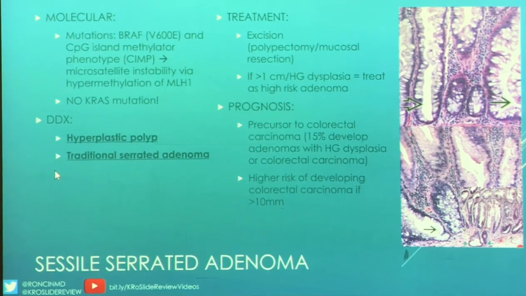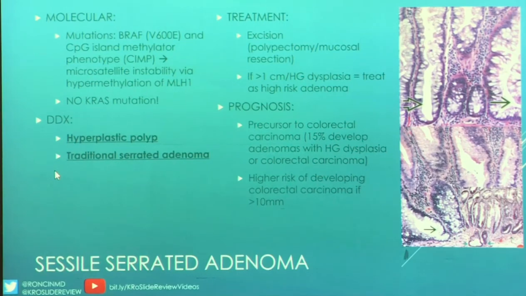You will change how the patient is followed. There is also high risk of developing colorectal carcinoma if you have a large lesion, which makes sense. If you have a large lesion, there's more likely to be faster growth, so maybe it's harboring more high-grade dysplasia. These are all things that you just want to keep in the back of your mind.